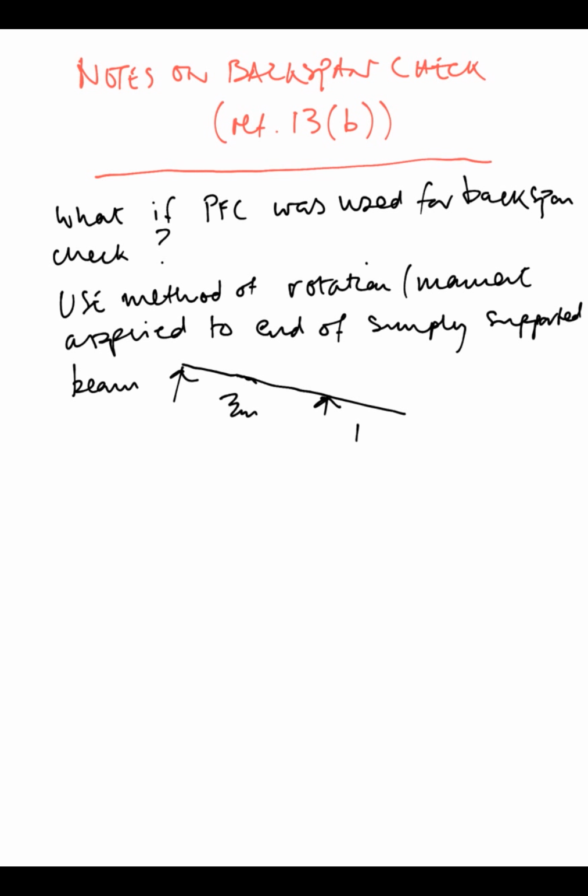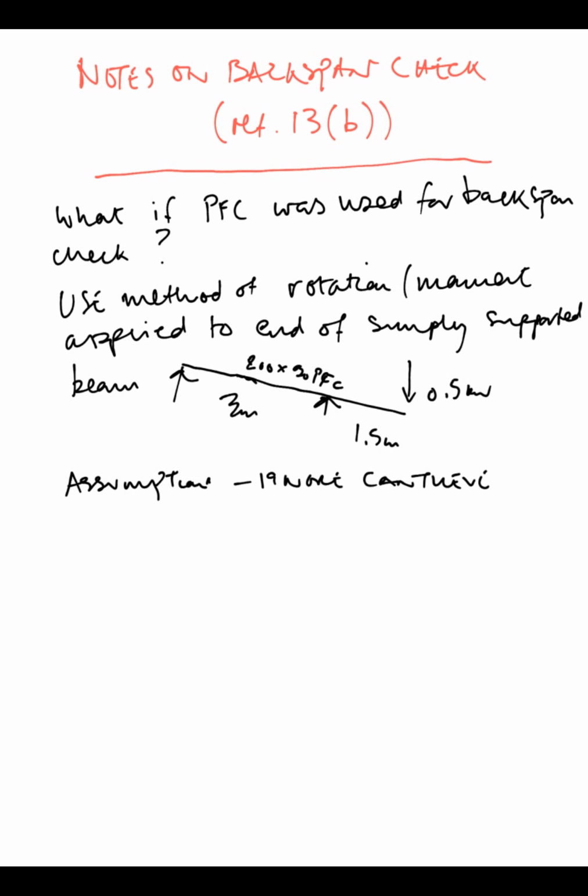So the beam was a 3 meter backspan, 1.5 meters cantilever, 0.5 kilonewton load, and a backspanning beam 200 by 90 PFC. And the assumption in this is that we're going to ignore the flexural deflection of the cantilever section, the tapered section, which is welded to the PFC.